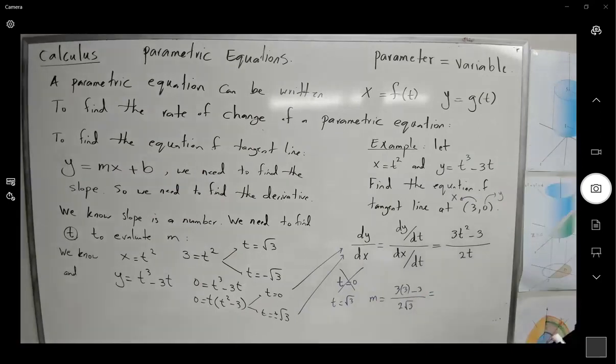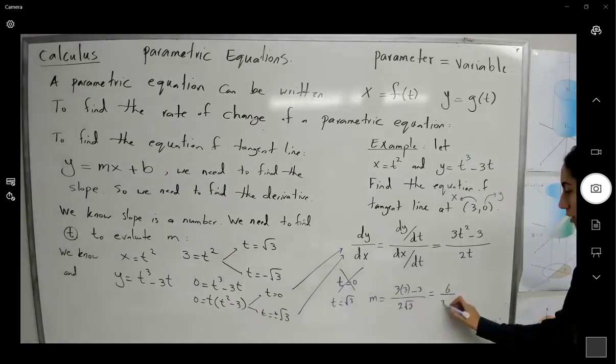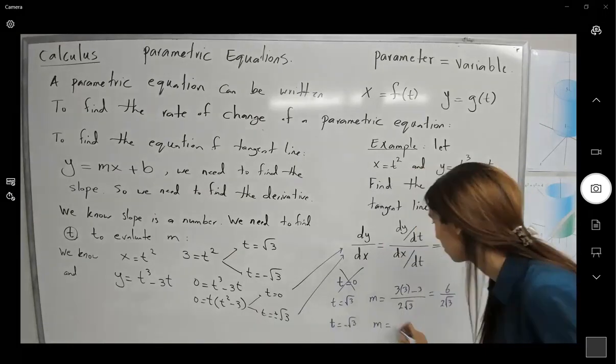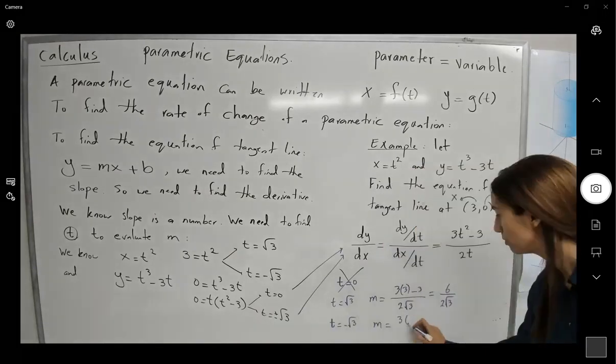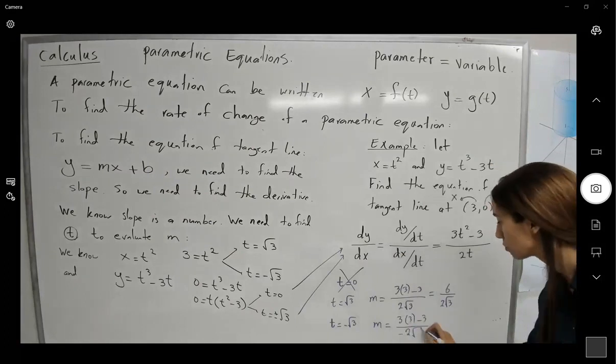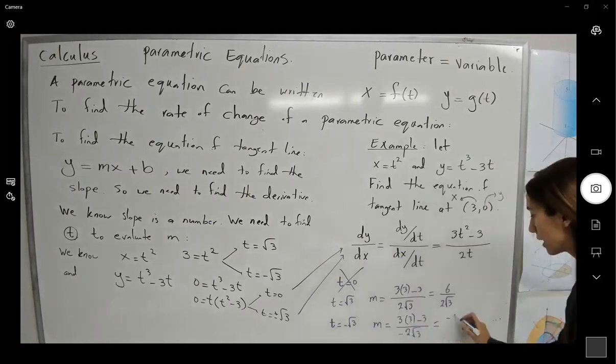It gives me 6 over 2 times square root of 3. When t is equal to negative square root of 3, your slope is equal to 3 times 3 minus 3 over -2 square root of 3. That is -6 divided by 2 square root of 3.